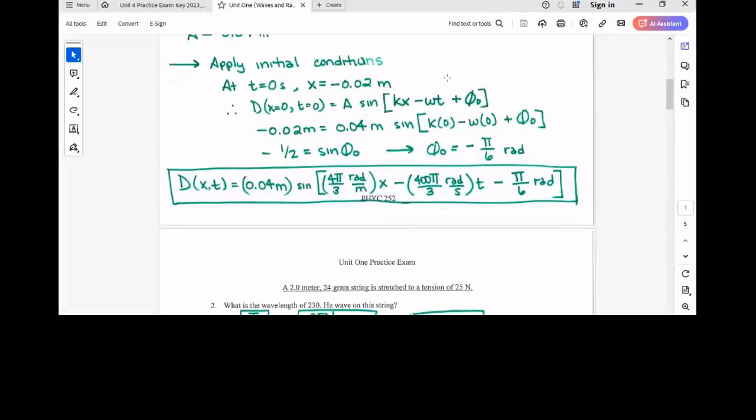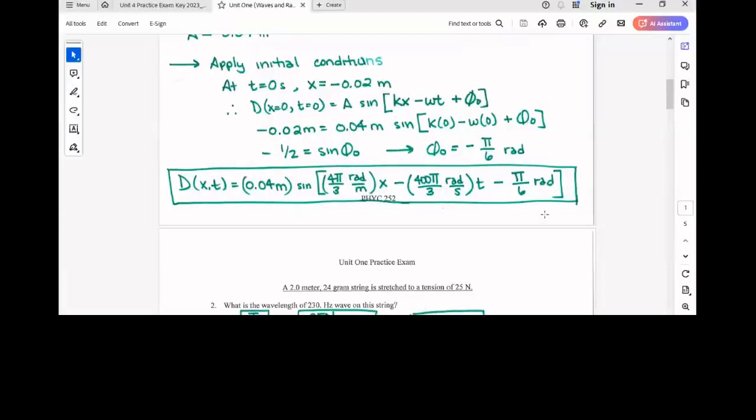I'm going to plug in x is equal to 0 inside the sine function, and also t is equal to 0. And everything except for that phi naught is going to cancel. So that means I can solve for it. I have negative 1/2 is equal to sine of the phase constant, phi naught. And I can take an inverse sine to figure out what that is. And you end up with a phase constant phi naught that's equal to negative pi over 6 radian.